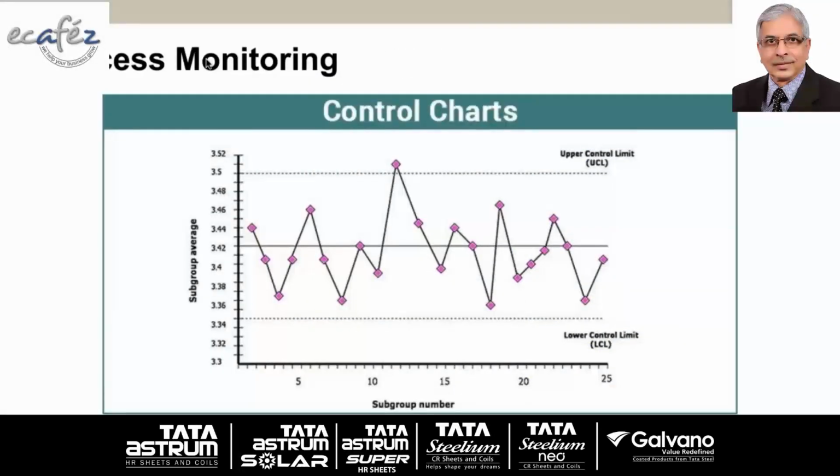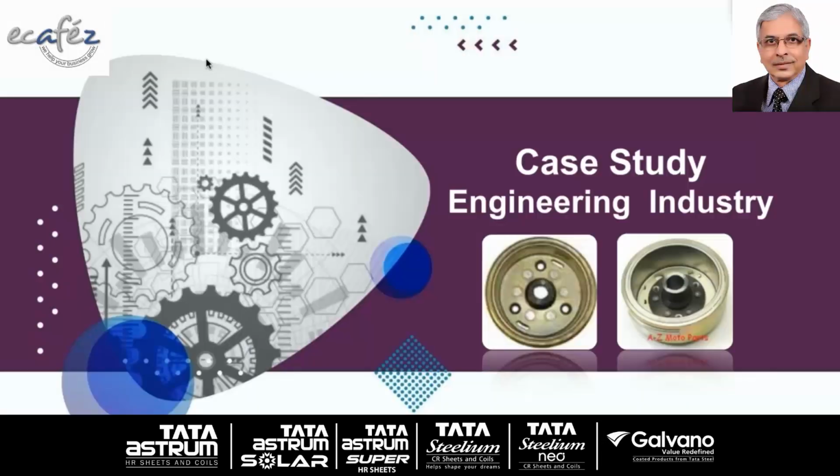Second is the control chart, one of the 7 QC tools, which must be used. Whenever any output goes beyond the control limit, it is immediately noticed by the people and corrective action is taken. This is a very, very important tool to monitor and control the process.